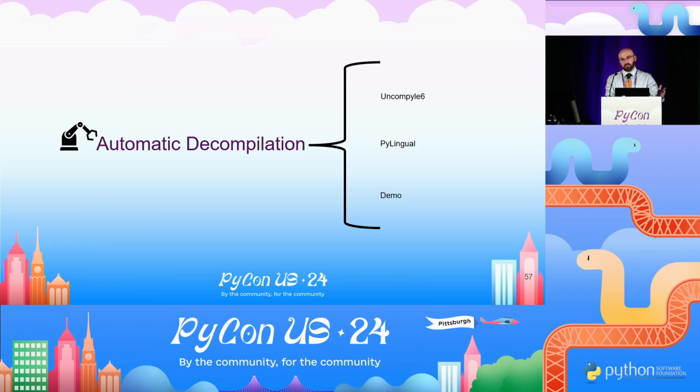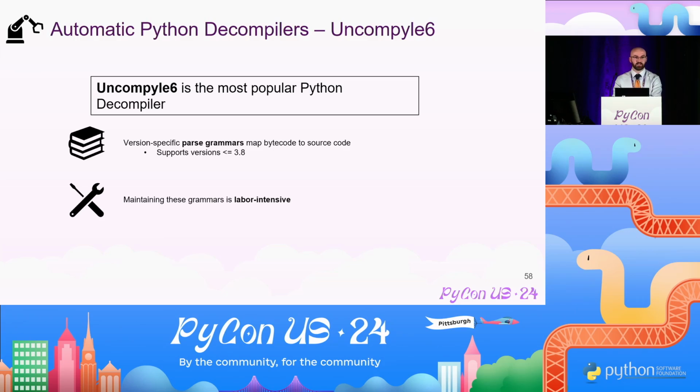But what if we don't want to do that? What if we just want someone else to automate it for us? That would be better. There are a couple of popular and available automatic Python decompilers. The first one that I want to talk about is Uncompyle6, which is currently the most popular Python decompiler. This uses version-specific parse grammars to slot into a generic decompiler interface, and that's how they get their maintainability.